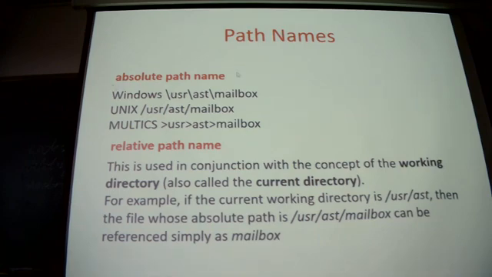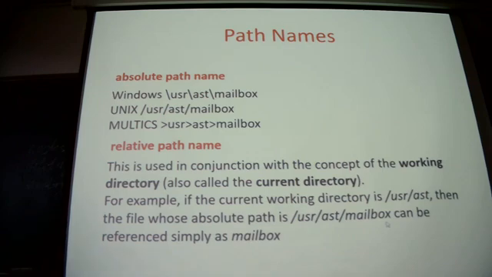This is the absolute path, and then we can get a relative path. It means that there is a working directory. Working directory means the directory you are working in now. We also call it the current directory.